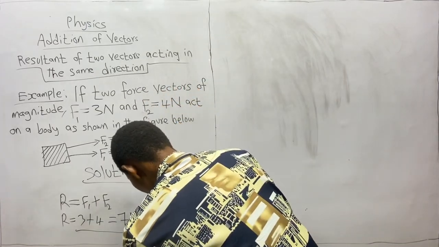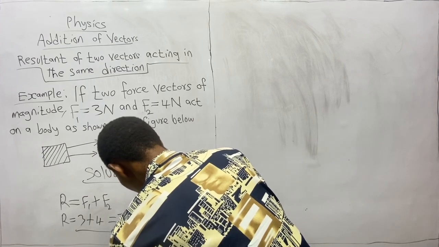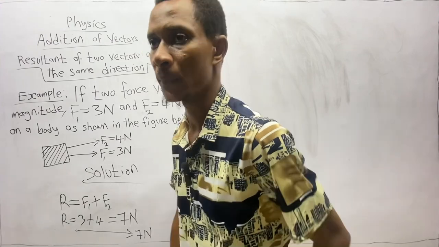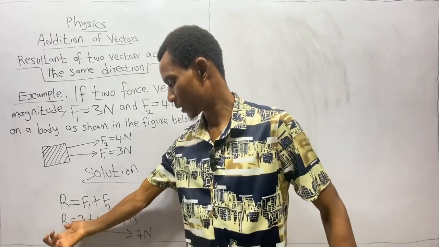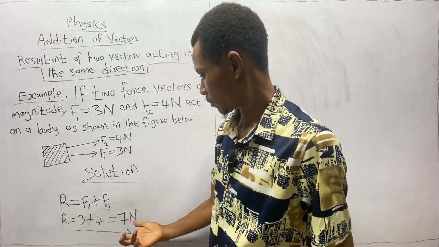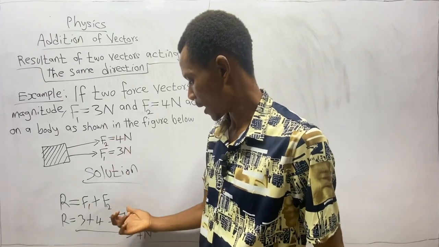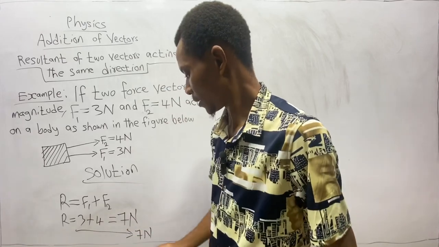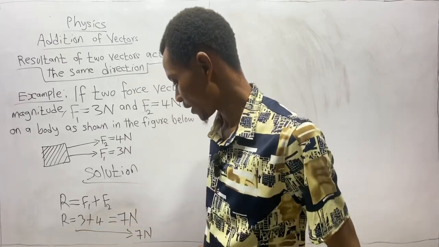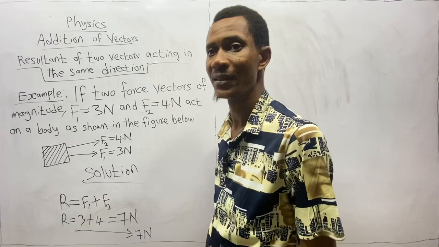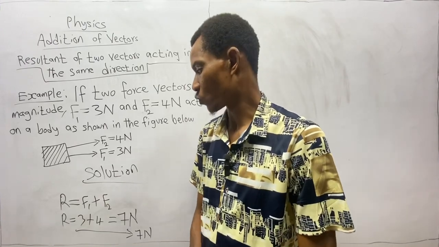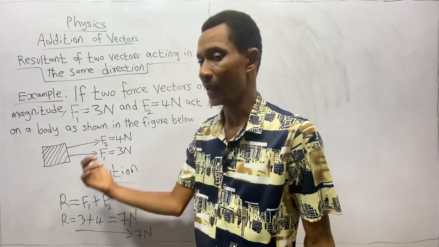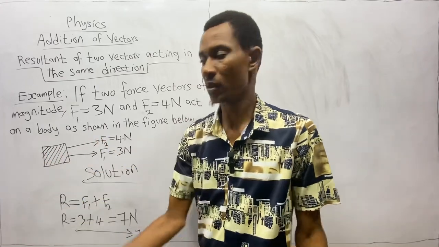So this will be 7 Newton. So we have gotten the resultant vector of these two vectors as 7 Newton in magnitude, and in the eastern direction. So we are able to get the resultant vector of F1 and F2 acting on this body.